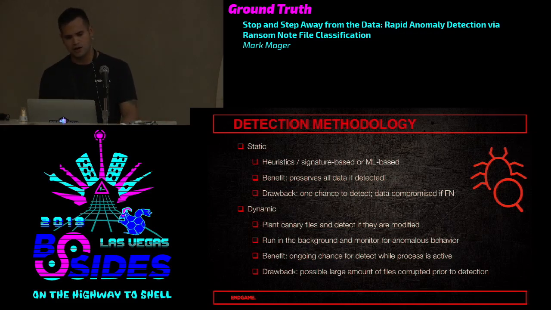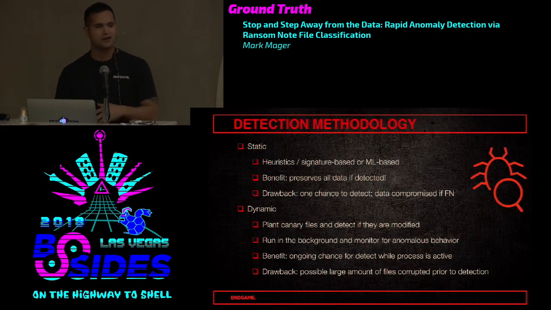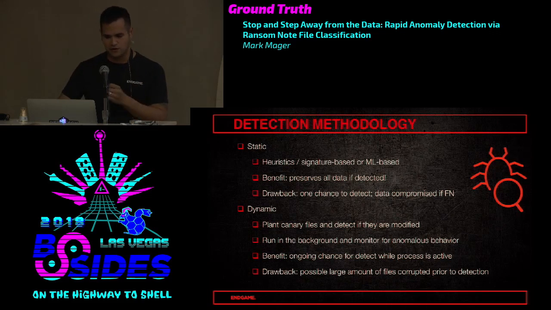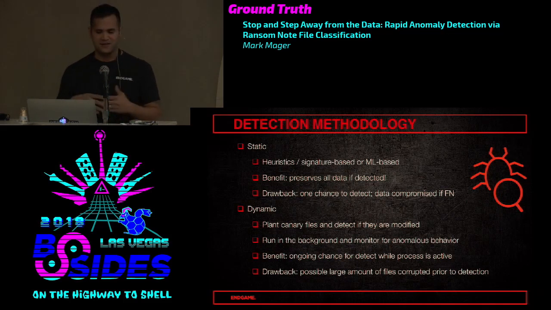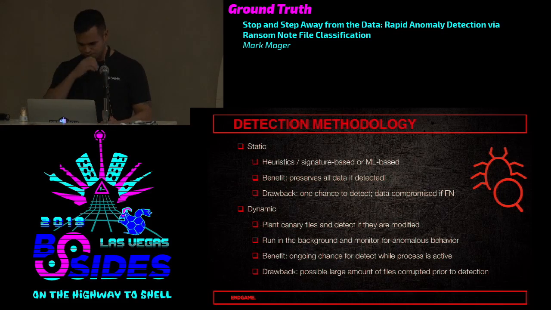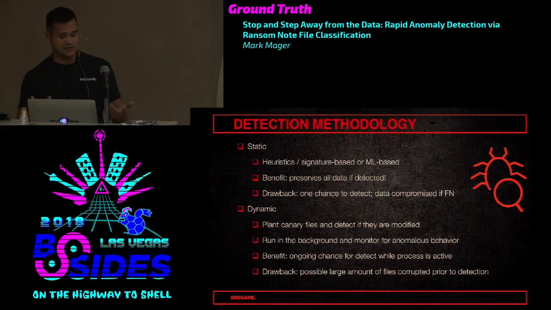Along that same line is having an agent run in the background, monitoring processes and searching out anomalous behavior. The benefit to a dynamic approach is that while the processes are ongoing, you have a chance to detect the ransomware. The drawback, though, is that in that process, you might be sacrificing a large amount of the files in hopes of the eventual detection.